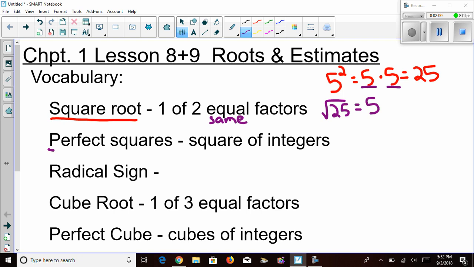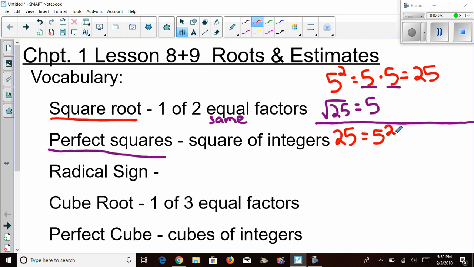In terms of perfect squares, they are the square of an integer. In my previous example, a perfect square, an example of one is 25, because 25 is an integer squared. 5 is an integer, and 5 squared is 25, a perfect square.